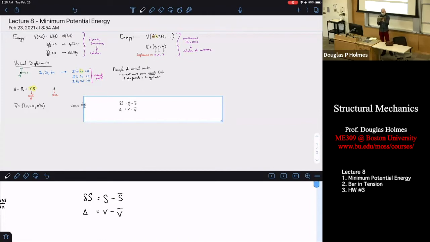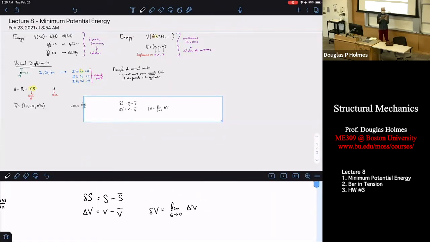First we're going to have a change in our total potential energy, and then the first variation will be when we take the limit as epsilon goes to 0 of delta V.